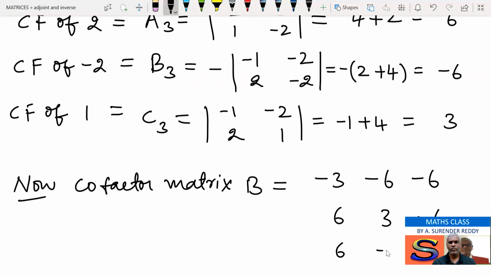So 6, -6, 3. So this is the cofactor matrix.